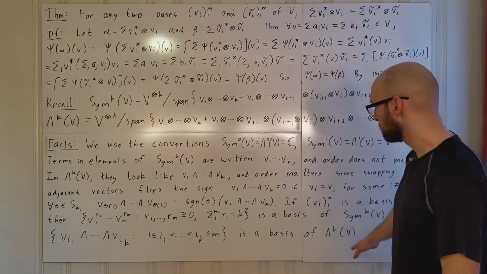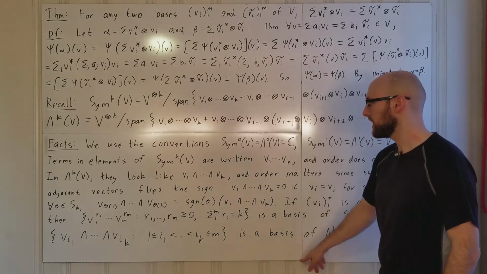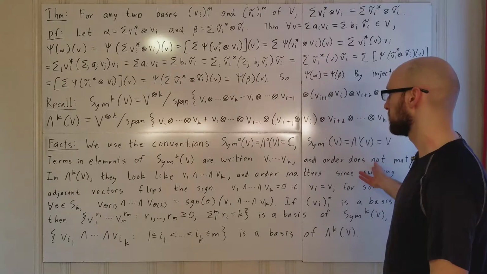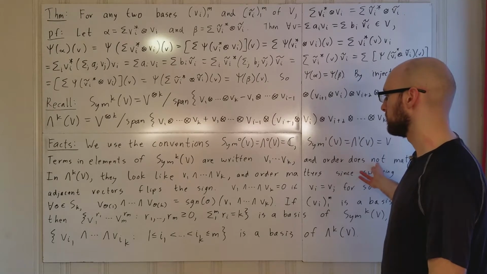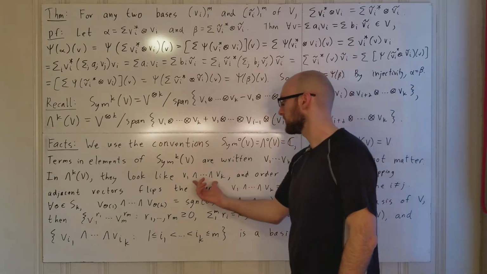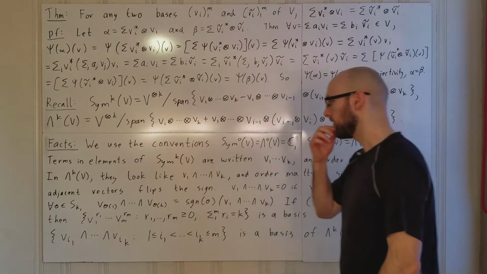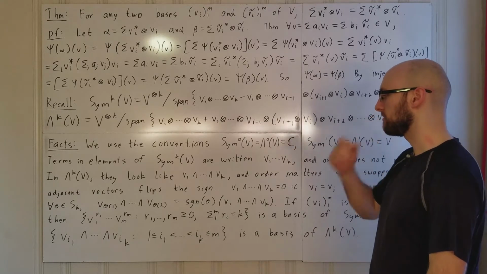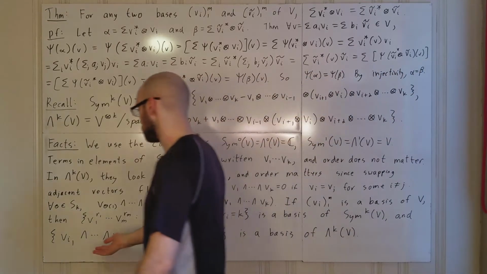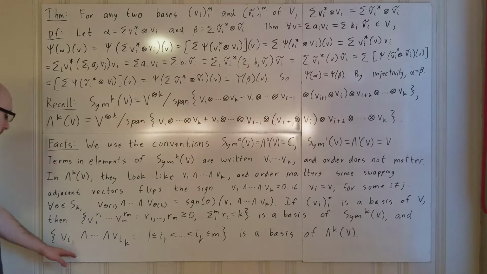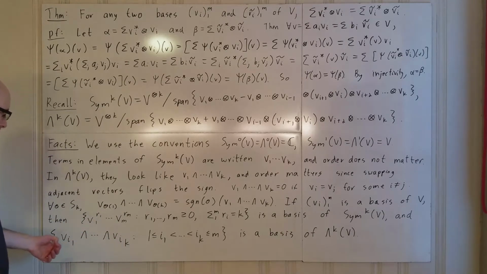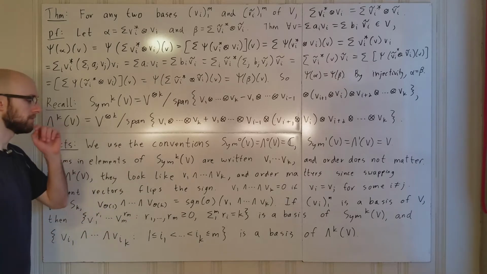For the exterior product, we know that the terms are linear combinations of elements that look like this, and the order does matter. So you can basically just take any possible indices between 1 and m, right, because our basis has m elements in it.